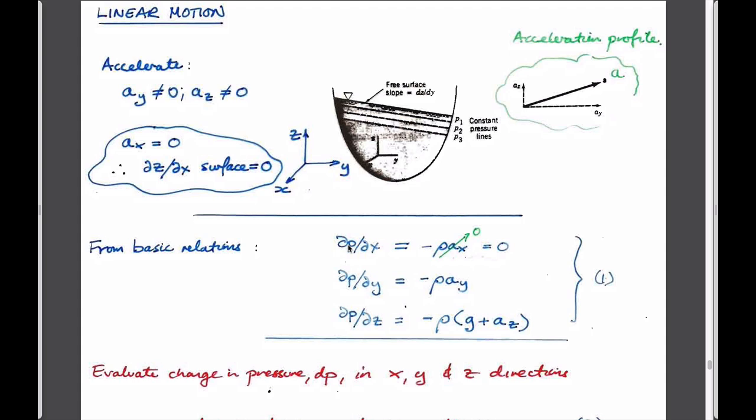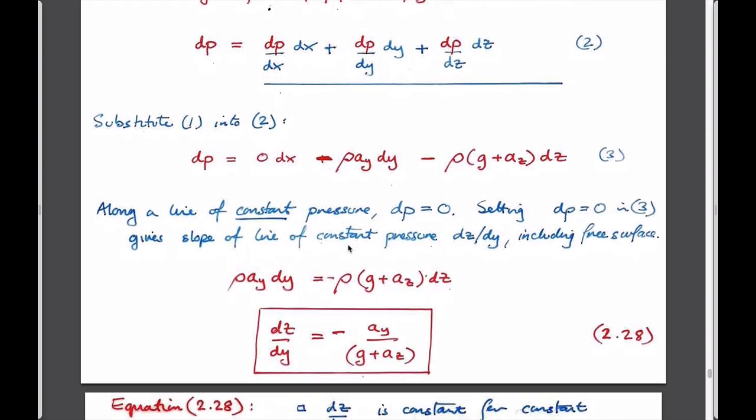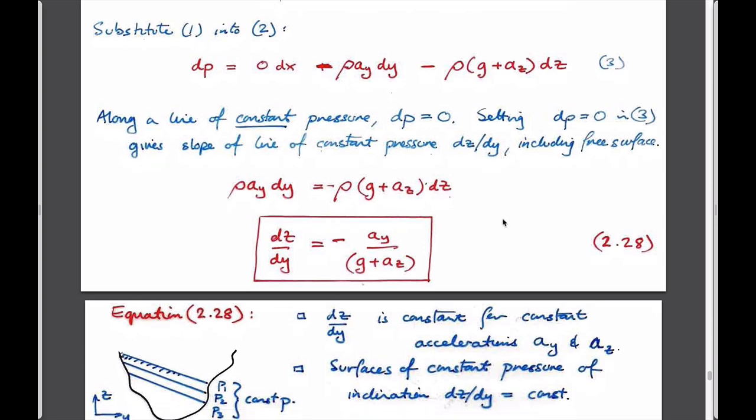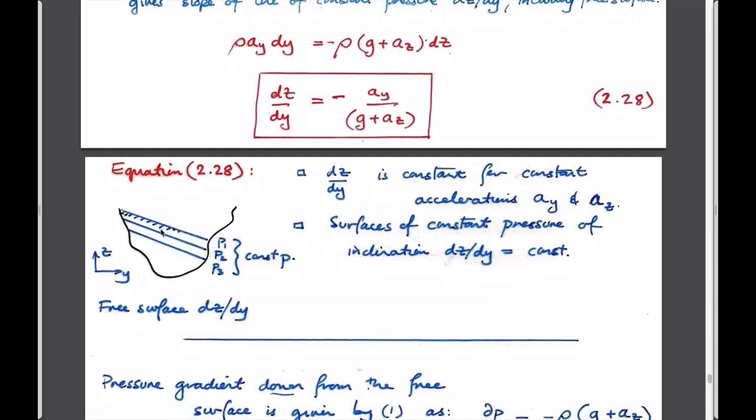If it's horizontally, it's just the same as if it's static. If it's accelerating vertically, then the pressure change either increases as you go with depth or decreases as you go with depth, depending on which direction it's accelerating in. And so we'll just quote the results, not the derivation, and that was that we could calculate the slope of the surface in a system.